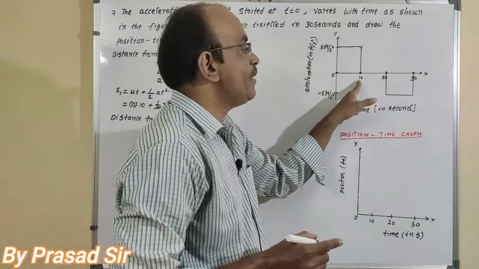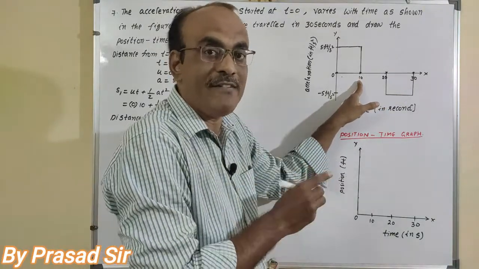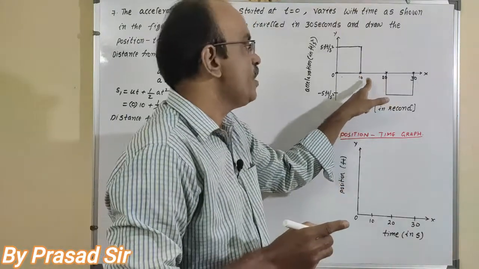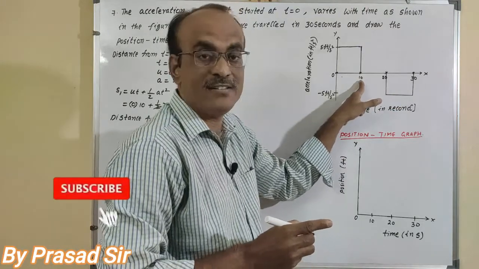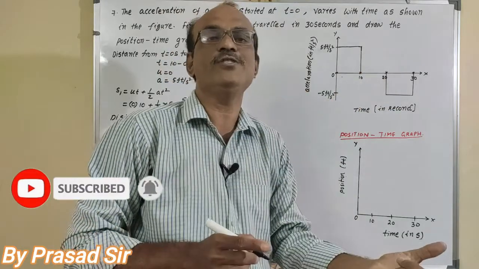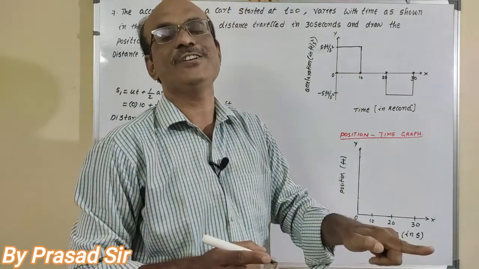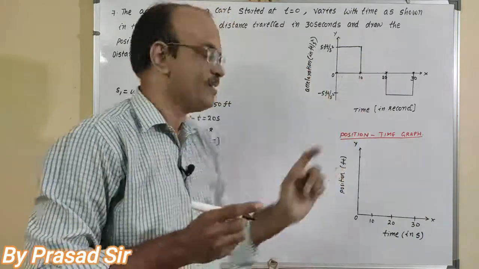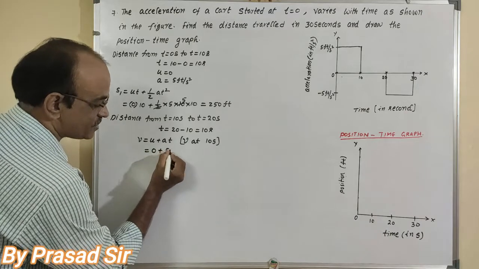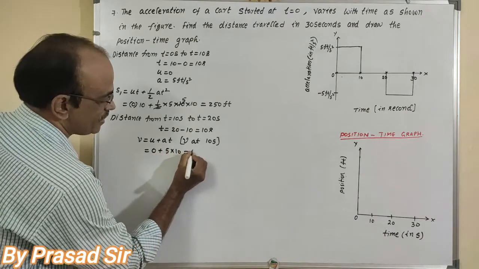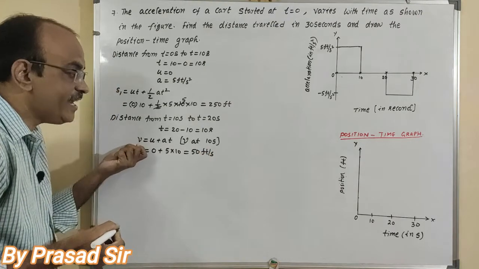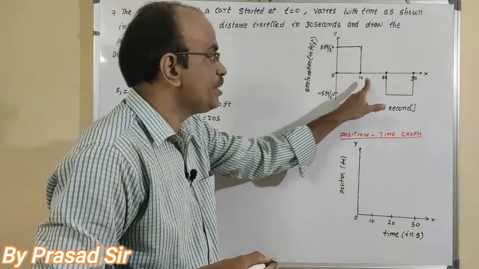The particle travels from 10 to 20 seconds with uniform velocity, so whatever velocity it has at 10, it has the same at 20. So the change in velocity becomes 0, and the acceleration is also 0. Here the initial velocity is 0 plus acceleration 5 into 10, equal to 50 feet per second. This is the velocity with which it travels from 10 to 20.